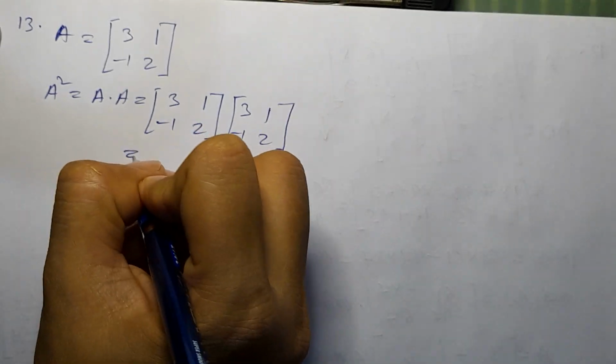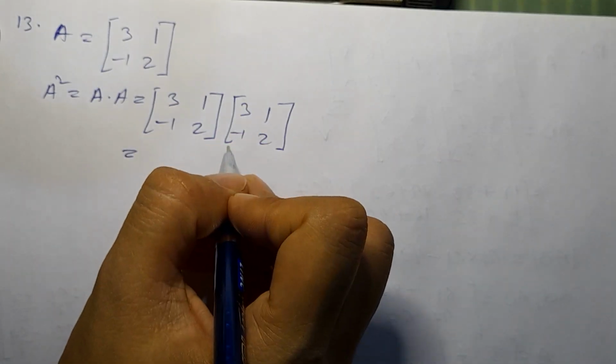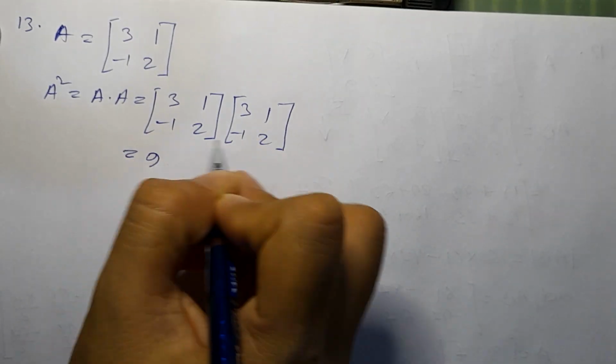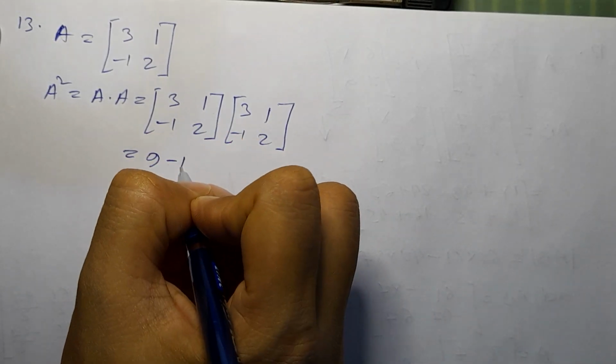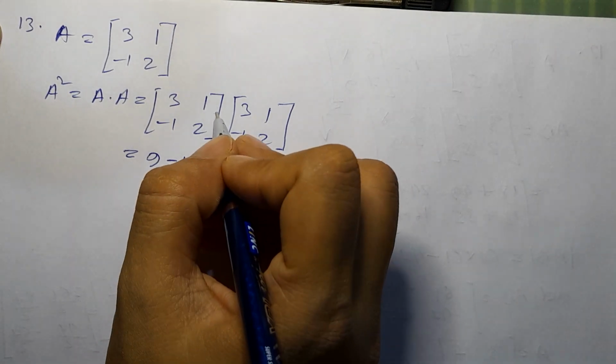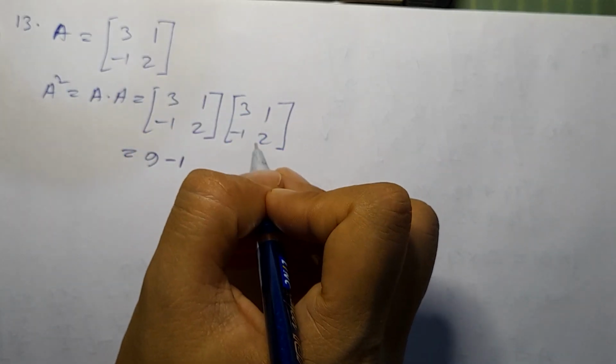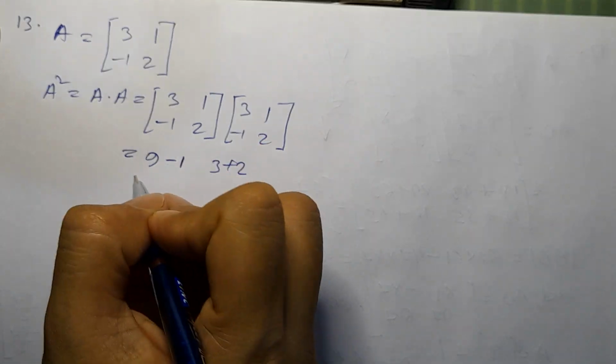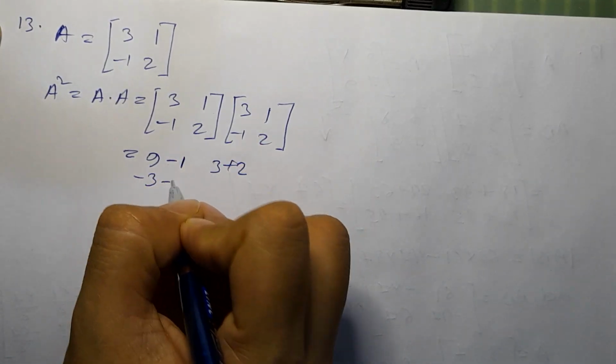Multiply it. Row will be multiplied by column, first row first column: 3 into 3 is 9, minus 1 into 1. First row second column: 3 plus 2. Second row first column: minus 3 minus 2.